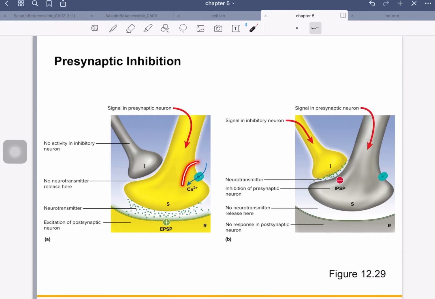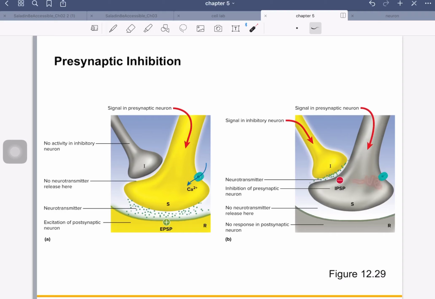So, in the first case, the action potential came down. I had a local depolarization here. Calcium gates opened, and calcium came in, and that's the signal for the release of neurotransmitters. If the inhibitory neuron kicks in, the action potential comes down. And when it gets down here, the inhibitory one has released neurotransmitters that have made the inside here more negative.